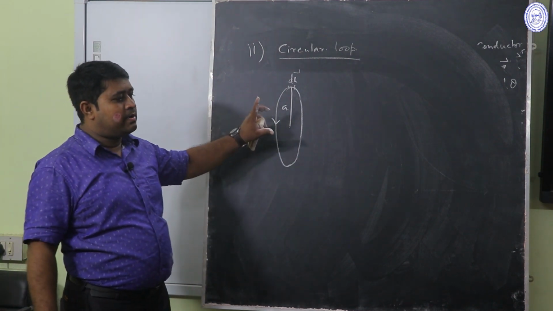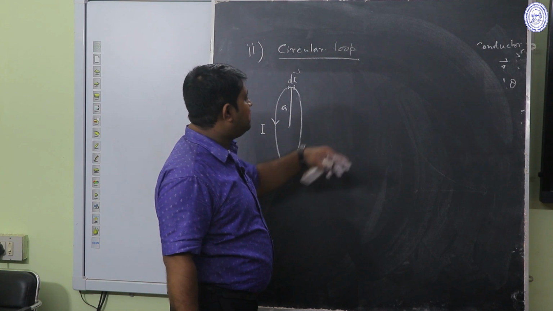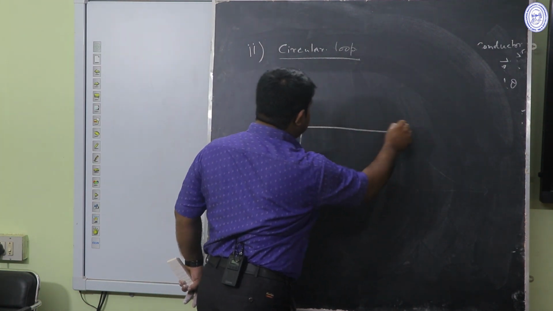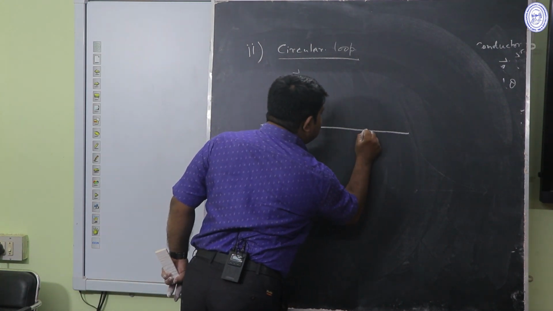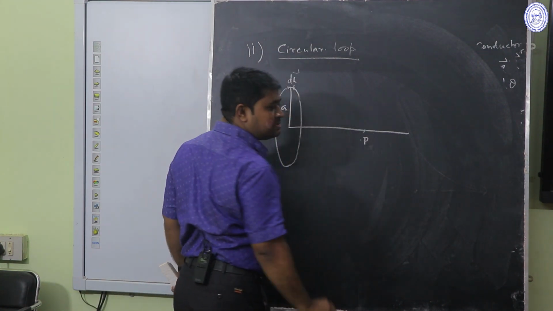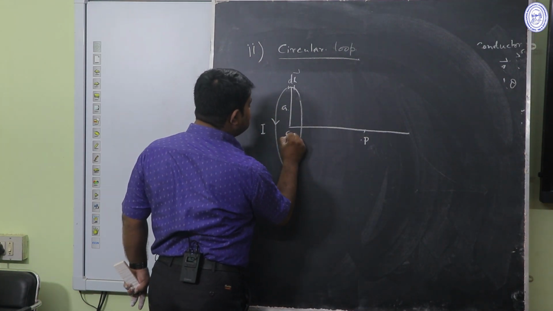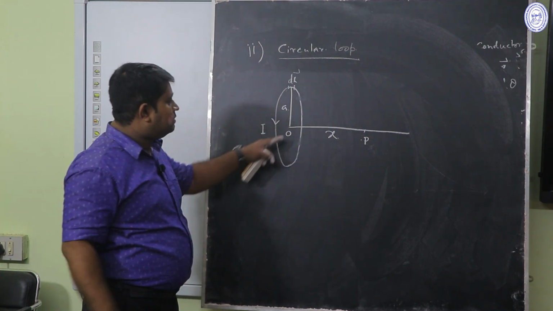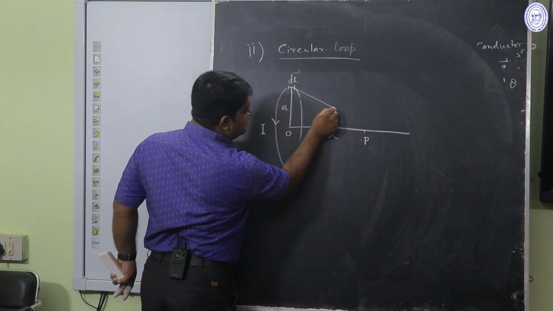Due to the flow of current through the circular loop, we have to calculate the magnetic field at any axial point of the loop. Suppose P is the point on the axis. The distance of the point P from the origin O is equal to x. This is capital R.